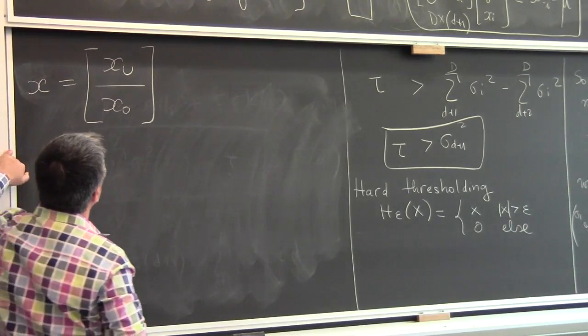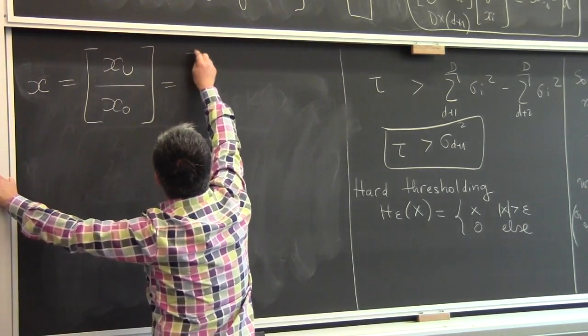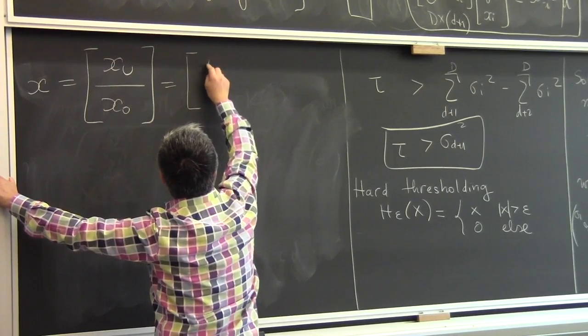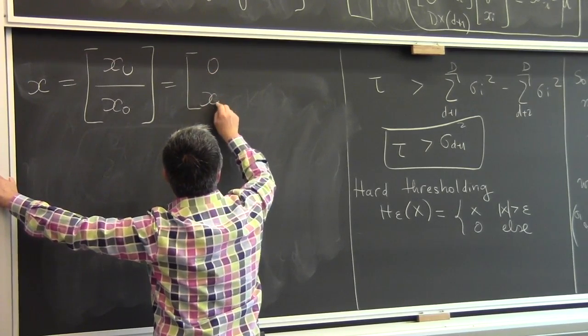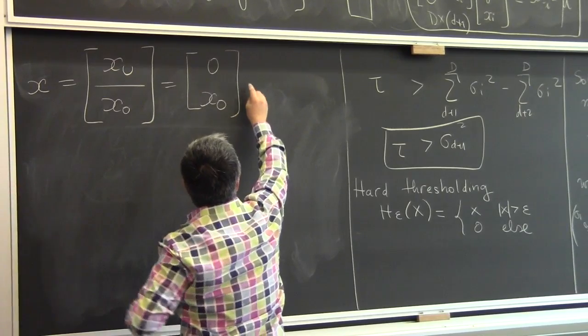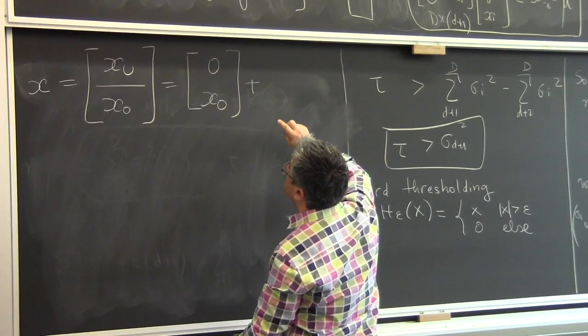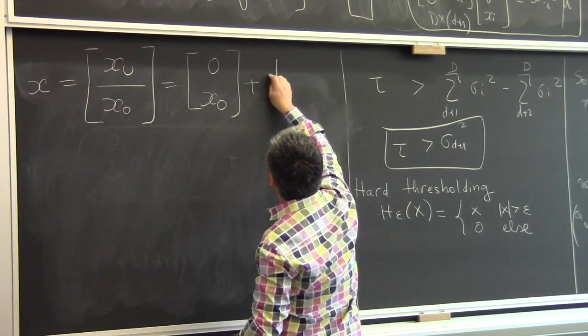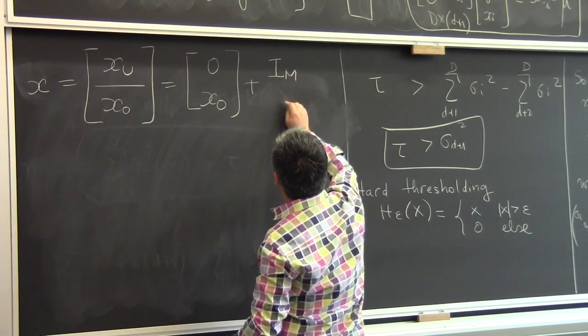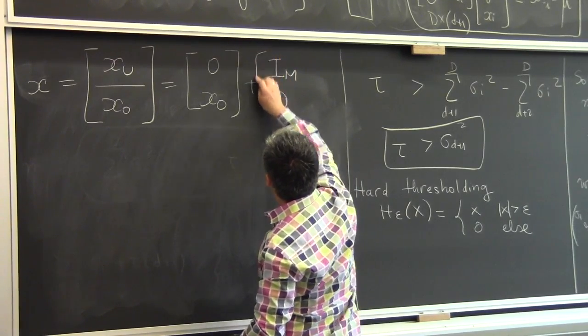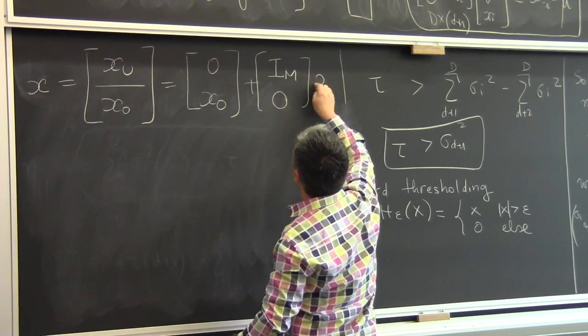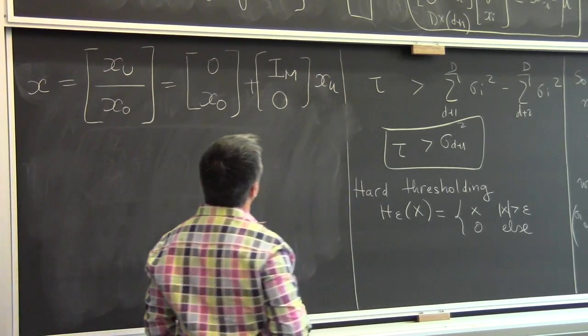So, as before, I can write this as [0; x observed] plus [I; 0] times x unobserved.